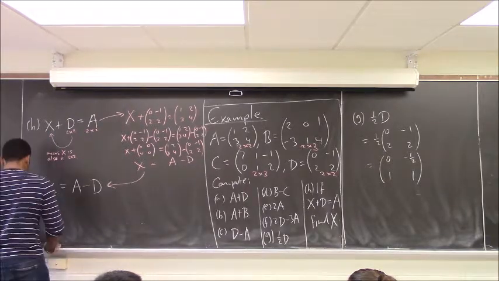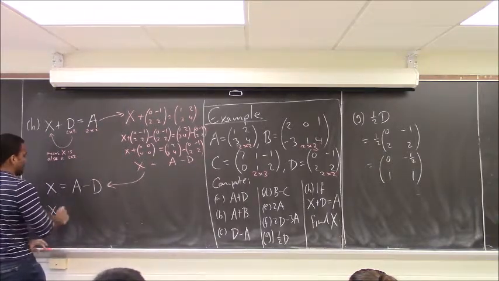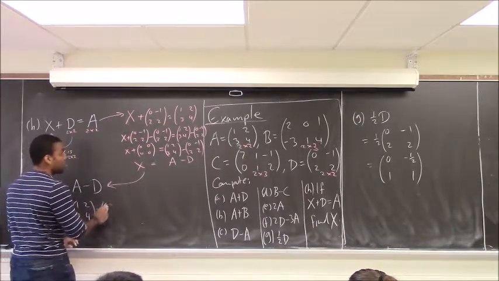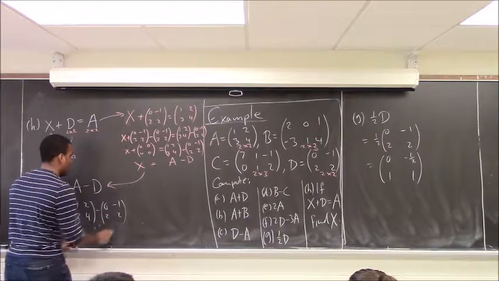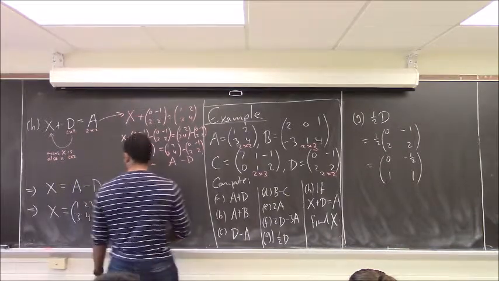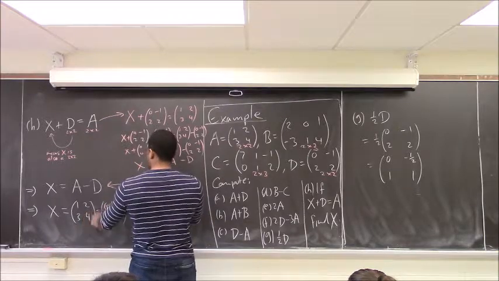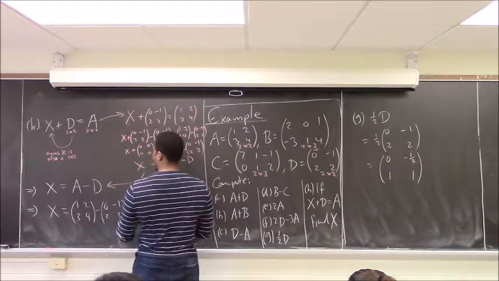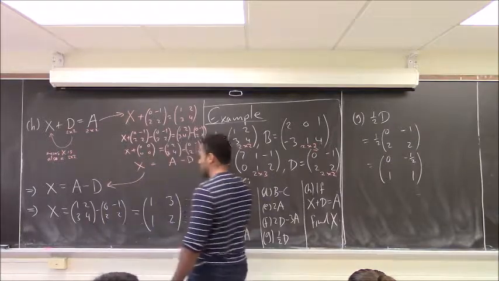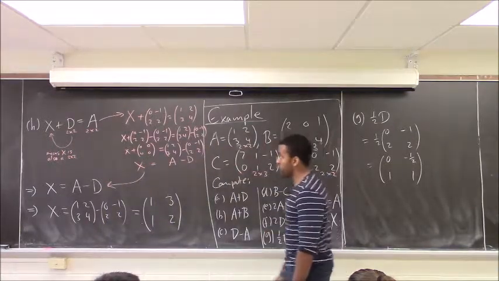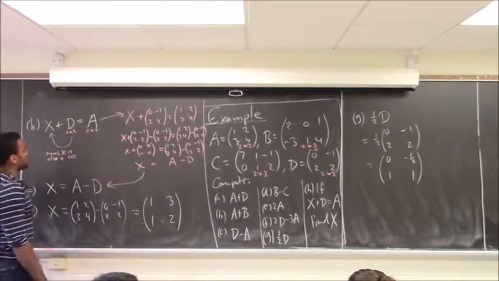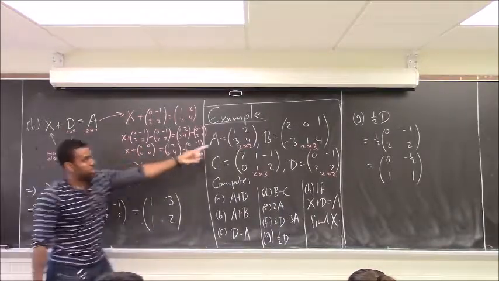So here, this will be 1, 2, 3, 4 minus 0 minus 1, 2, 2. So x must actually be 1 minus 0, 2 minus negative 1, which gives you positive 3, 3 minus 2, and 4 minus 2. So that's what the x value would have to be. If I take that matrix and add it to that matrix, the result is going to be this matrix.